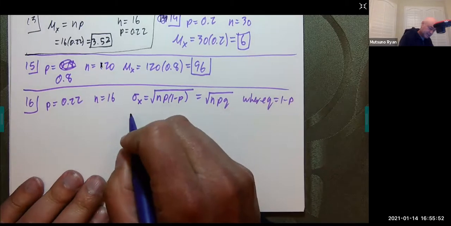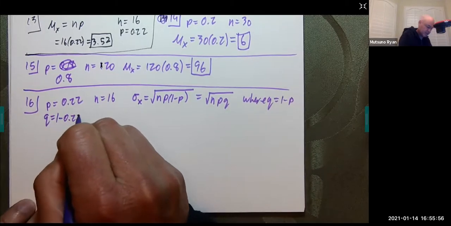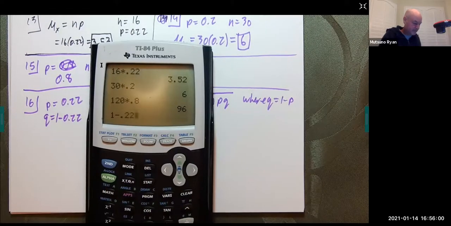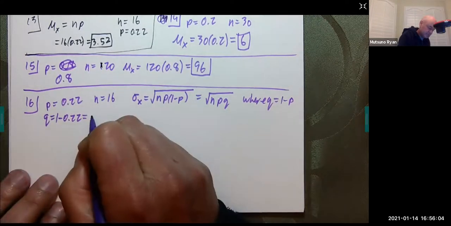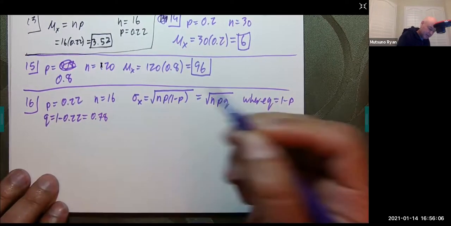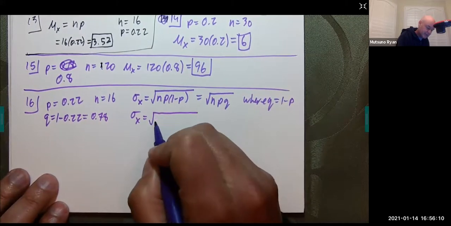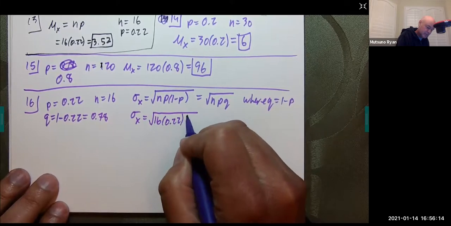So in this case, Q is 1 minus 0.22. It's 0.78. So my standard deviation for this group is the square root of 16 times 0.22 times 0.78.